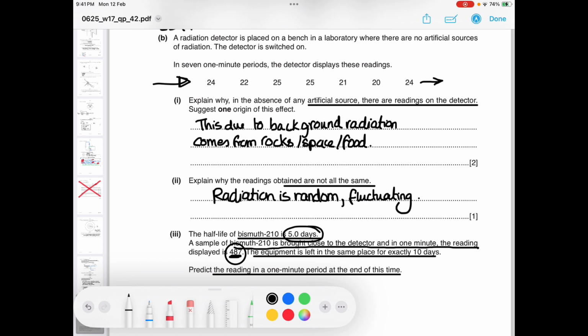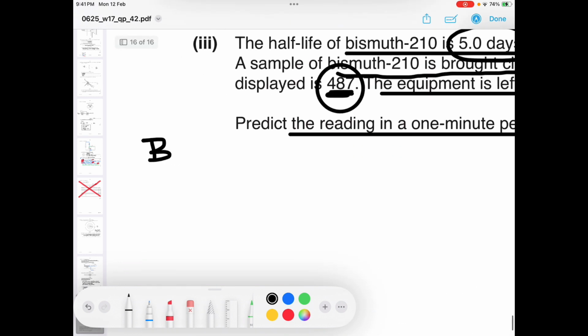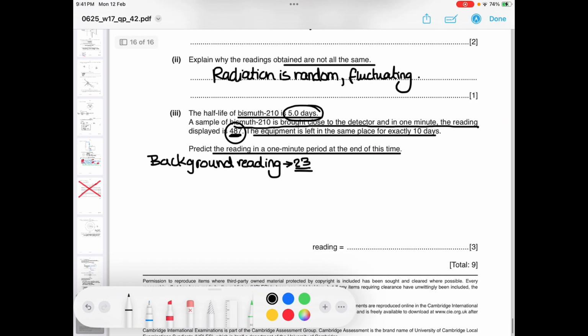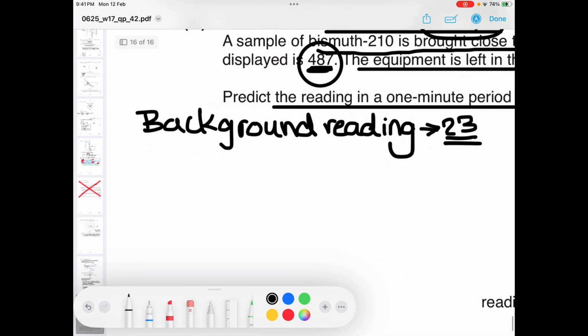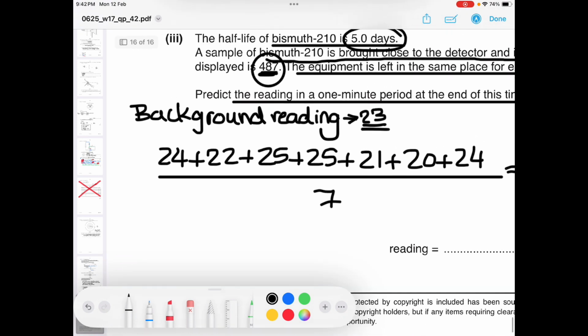They are 7 readings. About 23. Okay, so the background reading we're using is 23. We need to show our working out though, so the answer is 23.